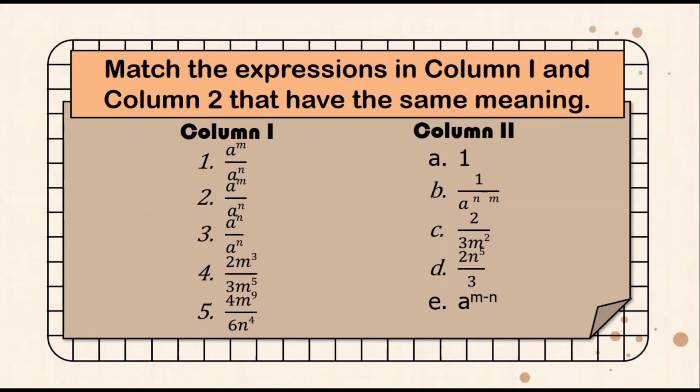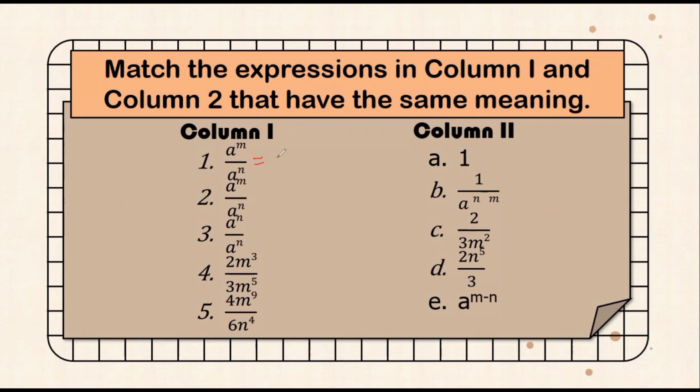Therefore, if we try to answer this short activity, under column 1, number 1, we have a raised to m divided by a raised to n. We all know that under the quotient rule, they have the same bases.